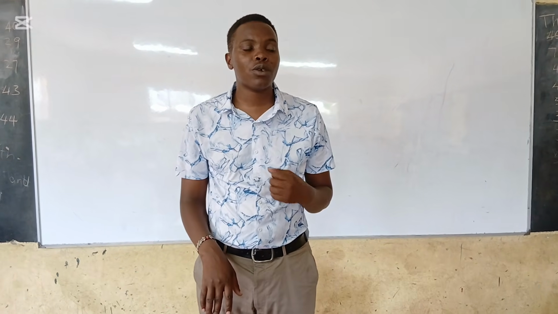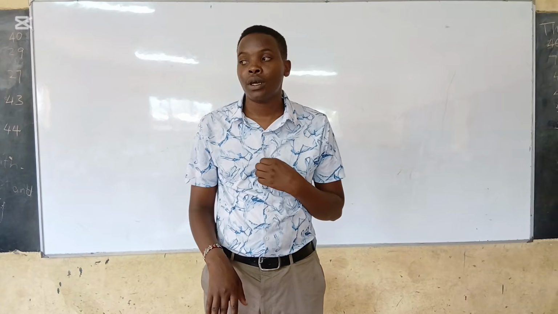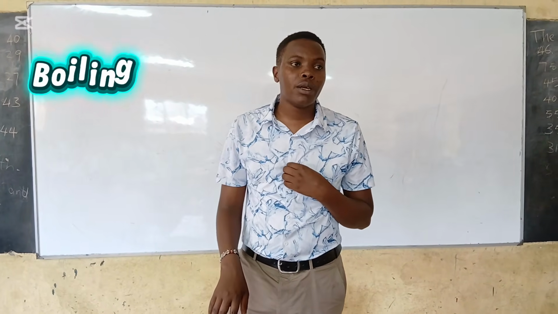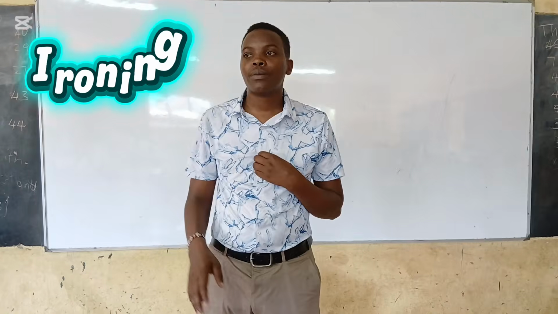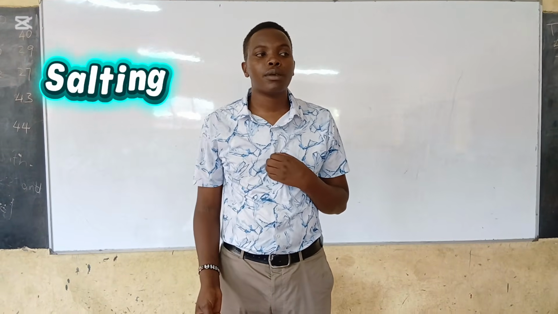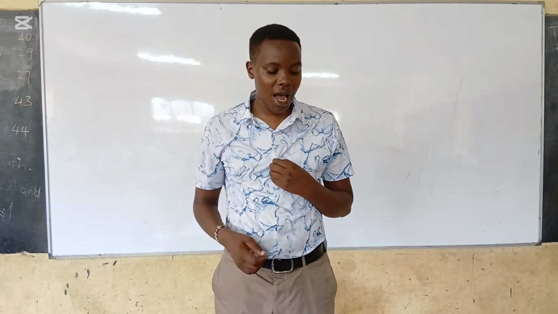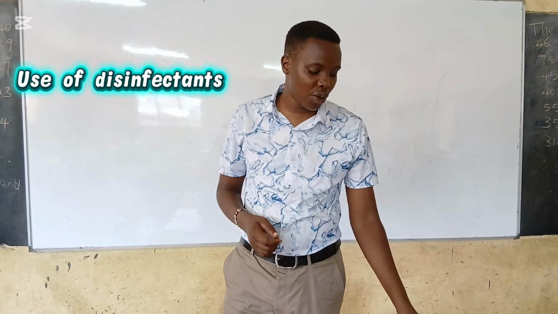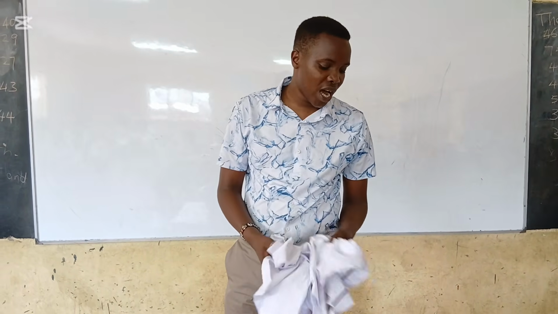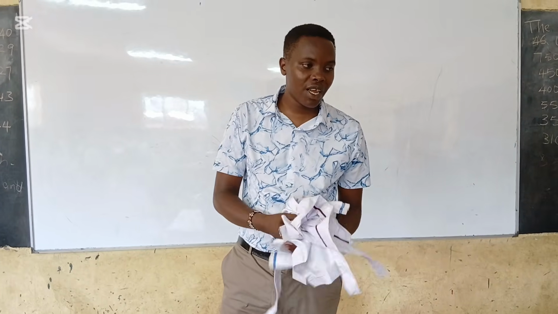There are various methods of washing household articles. Who can name methods of washing household articles? Yes? Boiling. We have boiling, ironing, salting, sun drying, and using disinfectant. In this setup, we are going to use various methods.